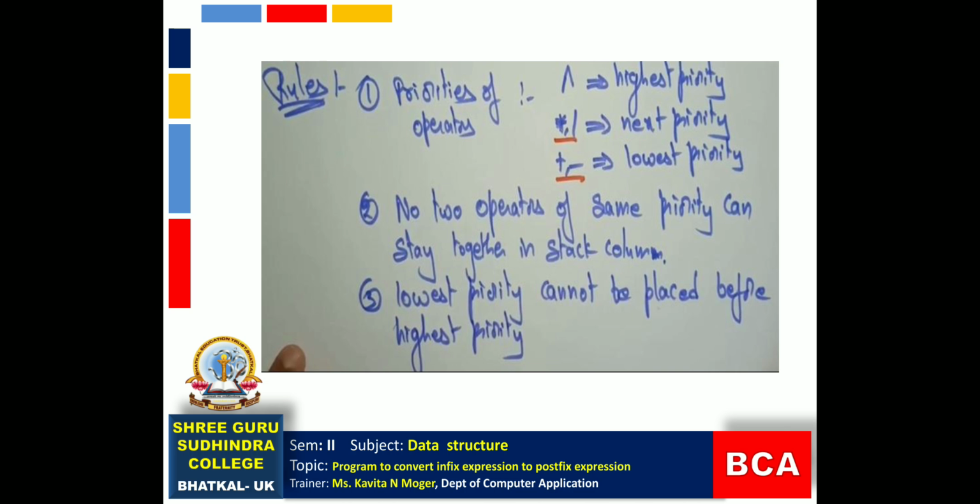Third rule: a lowest priority operator cannot be placed before a highest priority operator. That means the highest priority operator cannot tolerate a lowest priority operator, so we need to pop the operator which is there in the stack. And the last rule: if any operator is placed in between an open and closed bracket, we need to pop the operators.